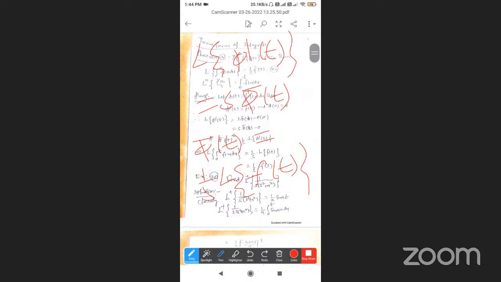The Laplace transform of f of t is denoted by f bar of s.